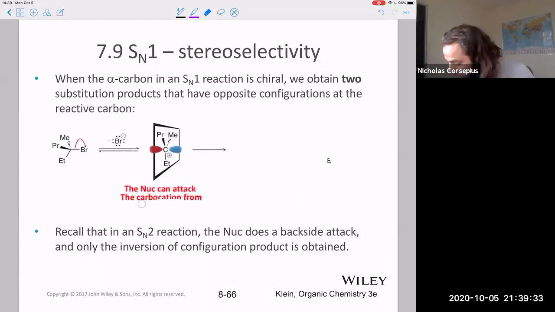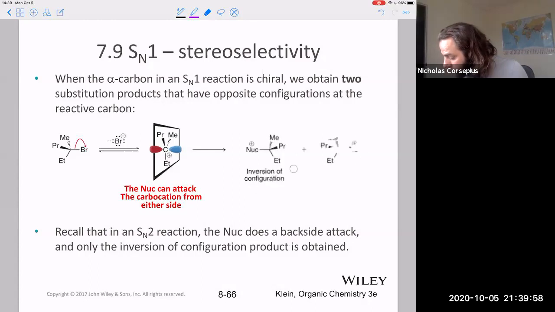Importantly, the carbocation is flat. It's in this trigonal planar shape, and it's got this empty p orbital that's doing the accepting of the electrons. That's what makes it electrophilic. Well, because of that, your nucleophile can attack from either direction. So in the case of, for example, SN1 reactions, you can get both the inverted but also the retained configuration.